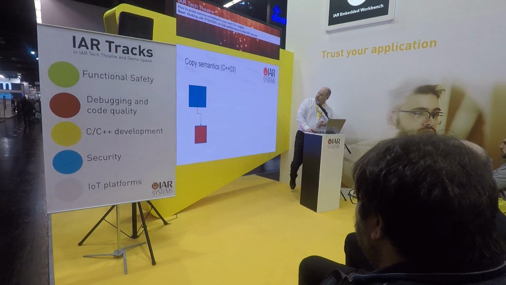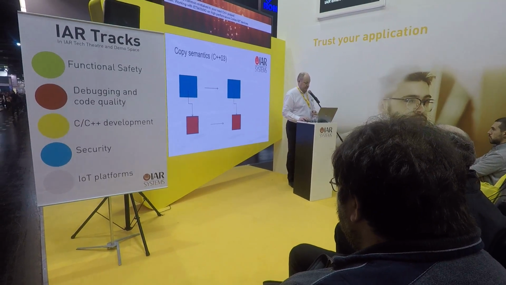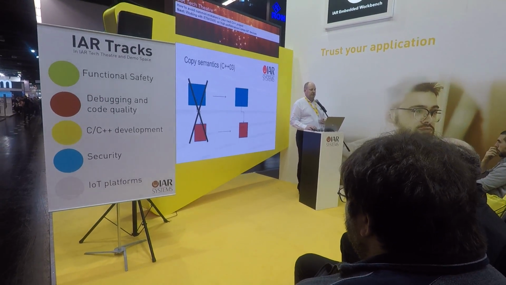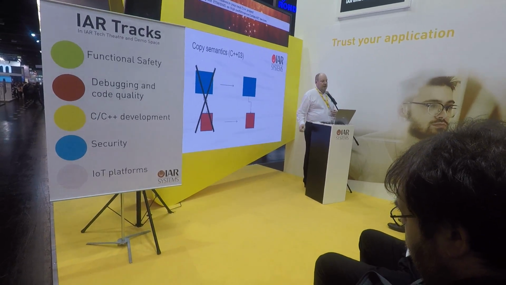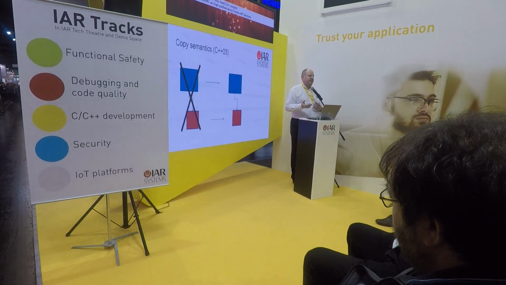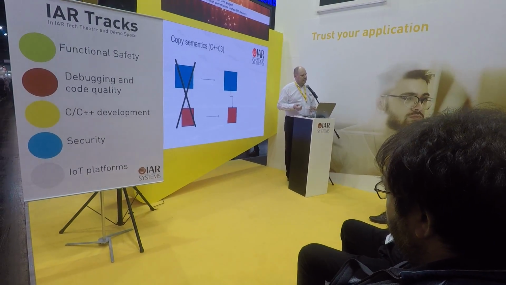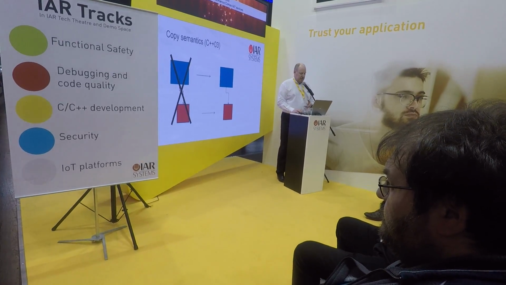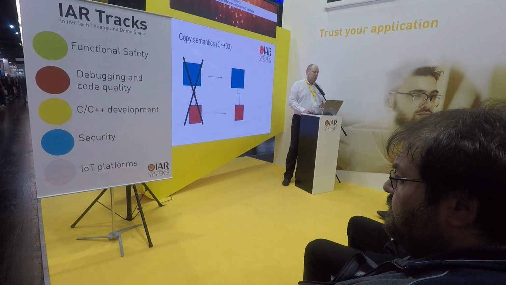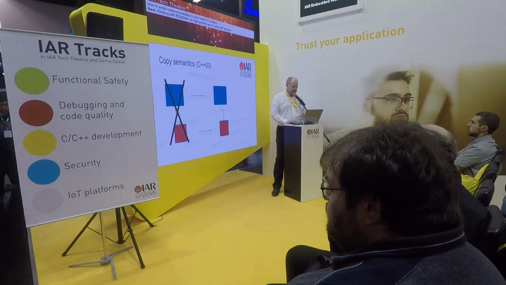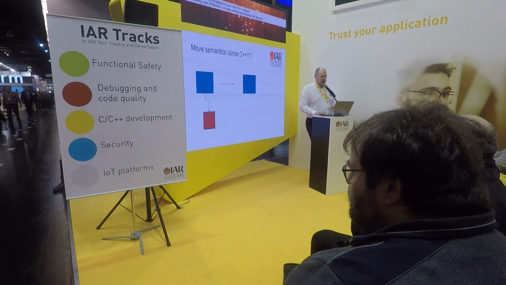Basically, copy semantics with C++03 look like this. You copy the entire object, and then you destroy the original object. And if you have a secondary object, in this case the red one, that's pretty large, like a large vector or a big structure, the copy can be a really big waste of execution time and space. With move semantics, you only copy the base object.